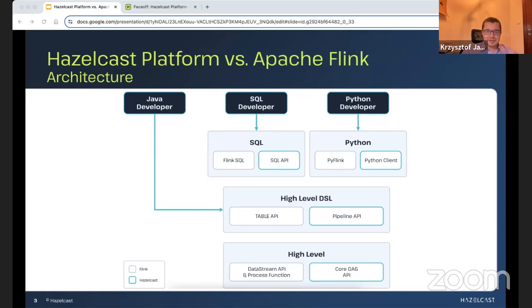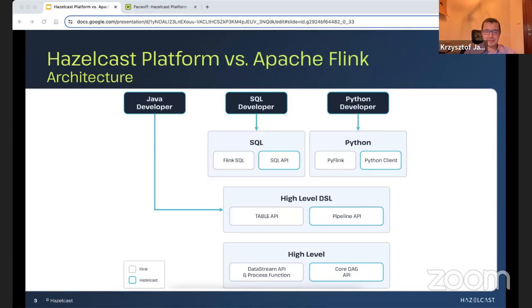In the case of Hazelcast, we have a Pipeline API. Flink has a DataStream API, which provides a much more convenient way of creating a stream in a more natural way. So you tell the system to read from this topic, then do some processing, do some aggregation, everything in a fluent API.